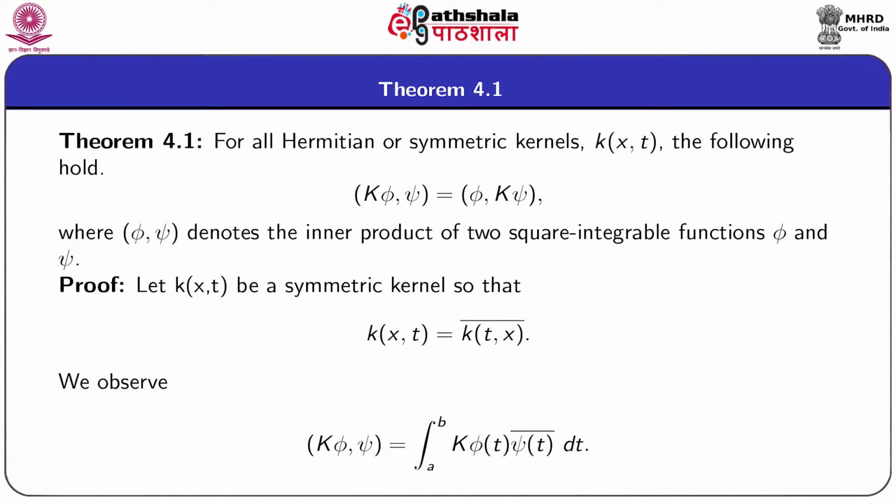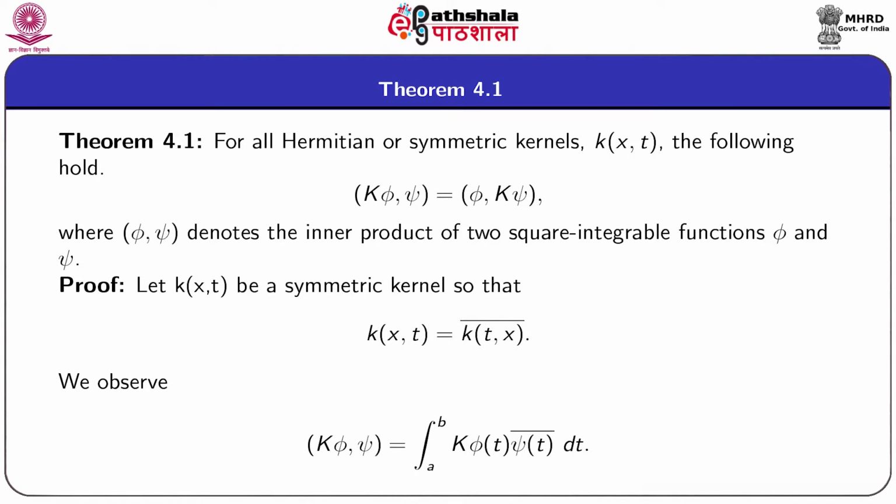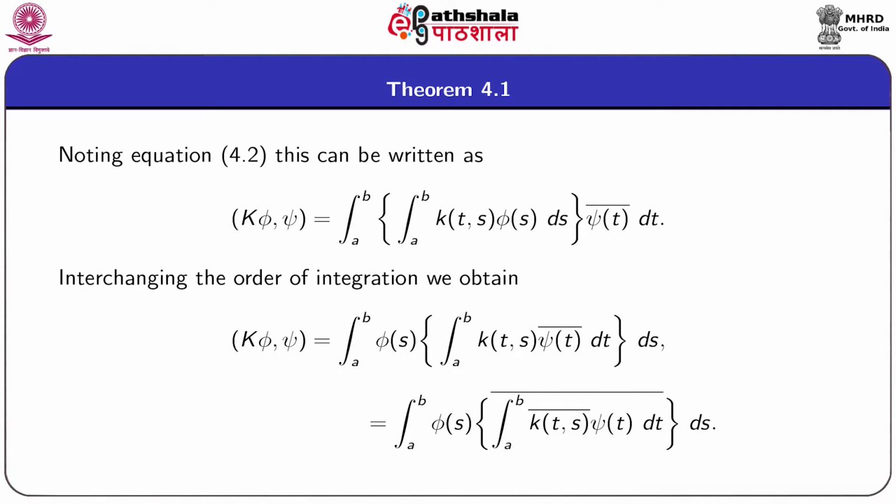Now we observe that the inner product of K phi and psi is equal to integral from a to b of (K phi)(t) into psi bar (t) dt, where bar denotes the complex conjugate. From equation 4.2, we have learned what is the K phi operator.